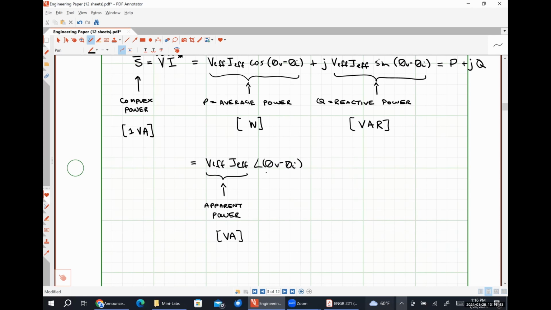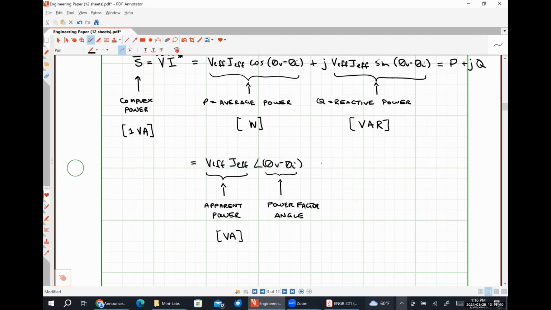This angle, theta V minus theta I, is what's known as the power factor angle. Because it's an angle, its units are probably in degrees, but it could be radians. It really doesn't matter because we know how to switch back and forth between those very easily, right?